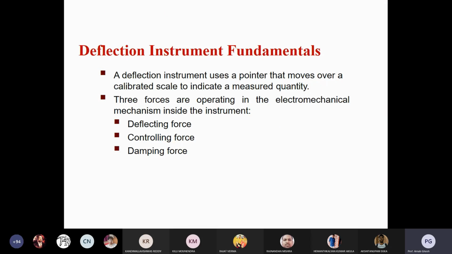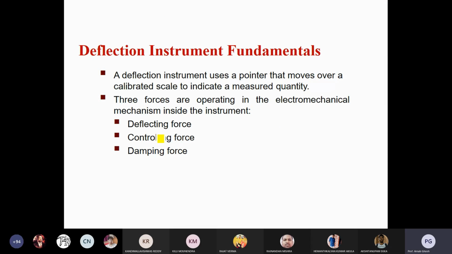What is the purpose of the controlling force? I told you in my last class also, the spring gives the counter effect of the deflecting torque.